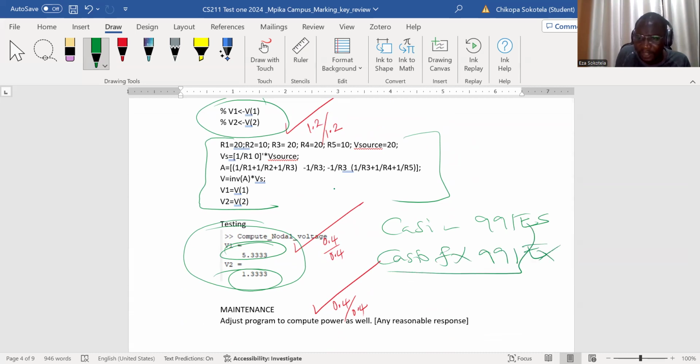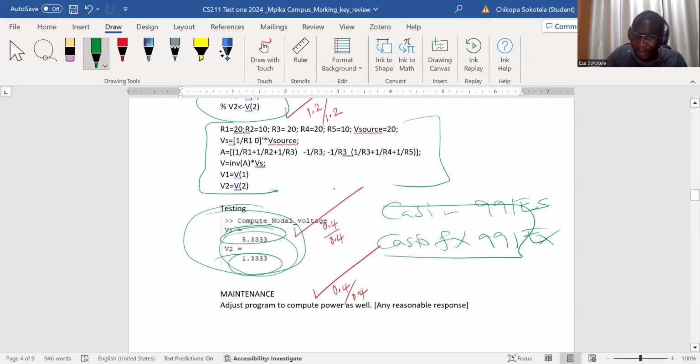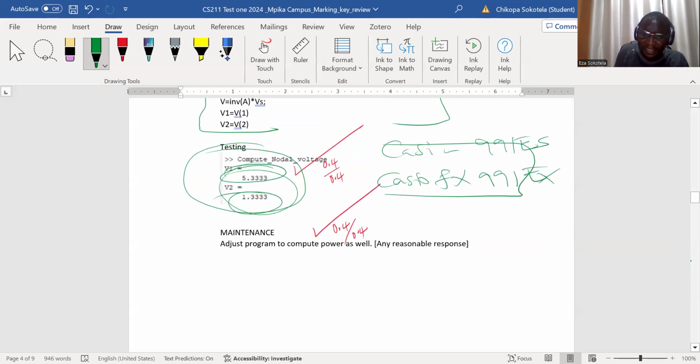You can use these calculators to find these values. By now, you should know how to do matrix multiplication, matrix addition using those calculators. We do not expect you to work this out from scratch. Then the final part is your maintenance. Many of you got this particularly okay.